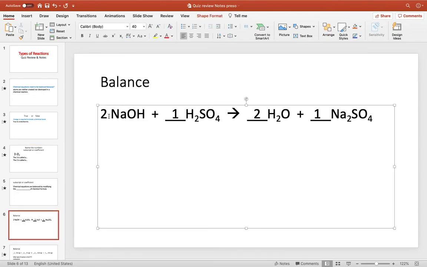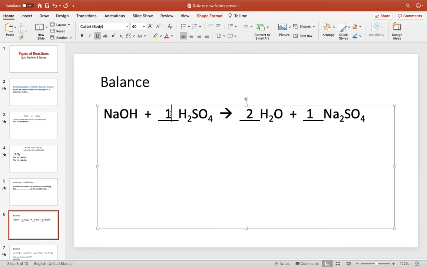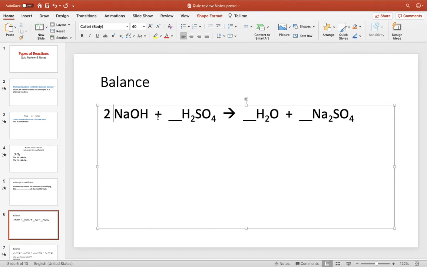We need to balance this chemical equation. So let's balance this. All right, so we've got 1 sodium here, 2 sodiums there, so we need to put a 2 in front here. Let's look at the hydrogens.